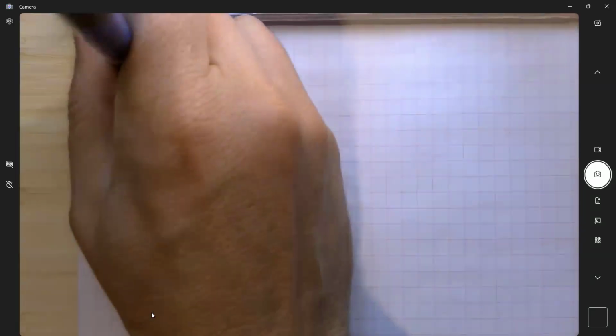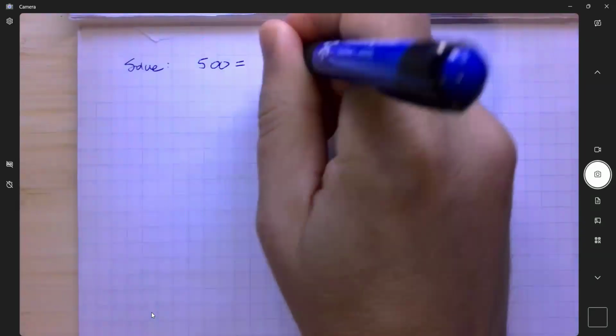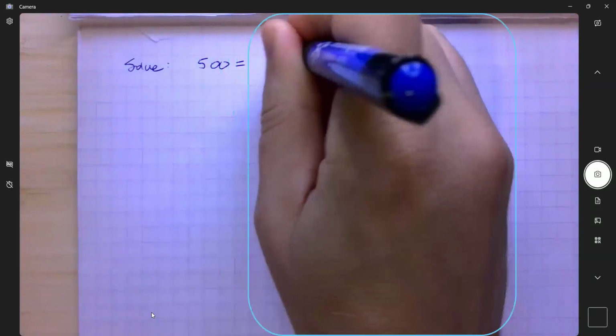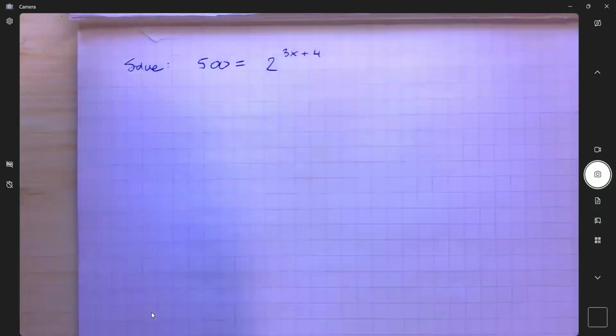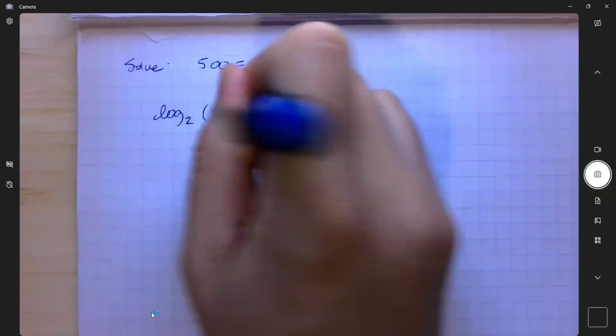Let's solve. This one's not going to end up being a nice number because I'm just going to make something up. Let's say 500 equals 2 to the 3x plus 4. Now I could say that 3x plus 4 is the power, but I could also just take the log of both sides.